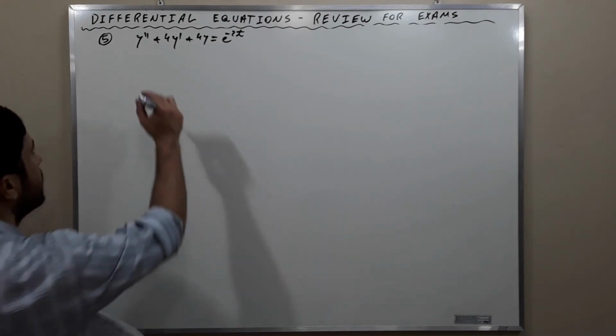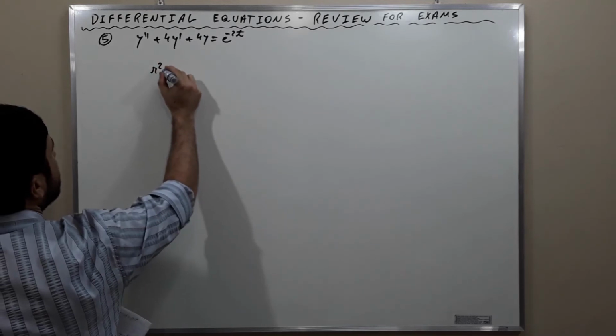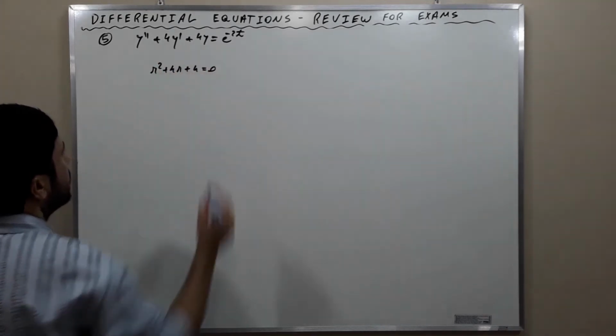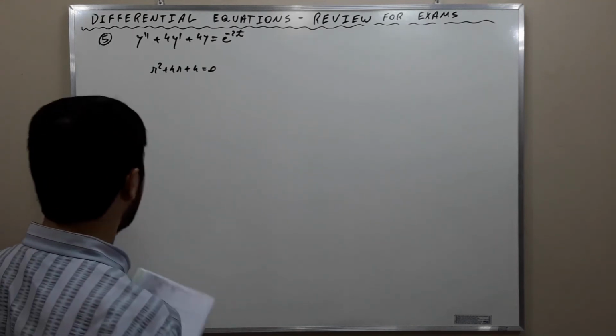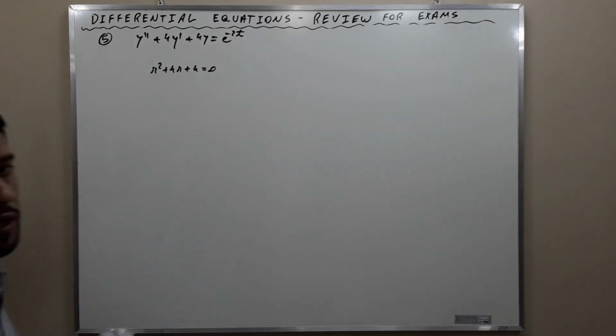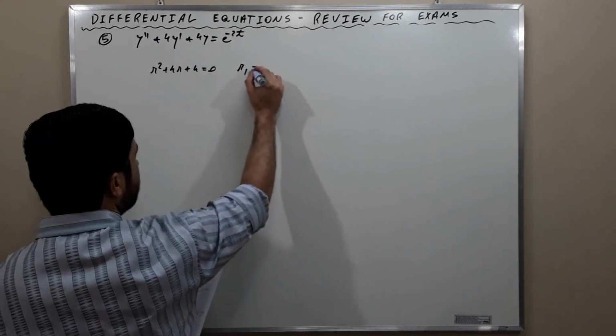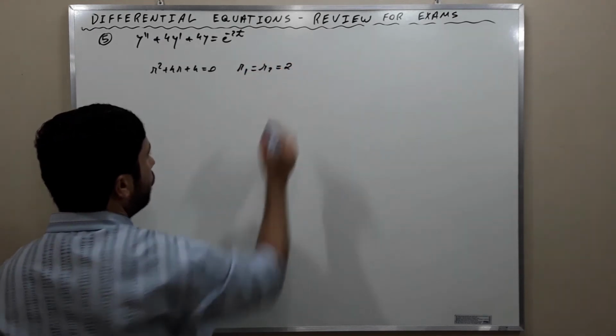The characteristic equation is r squared plus 4r plus 4 equal to 0. And by applying the formula to calculate the roots of the quadratic equation, we find that r1 is equal to r2, which is equal to -2.